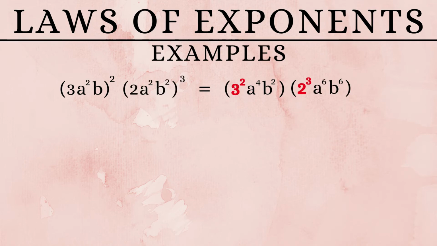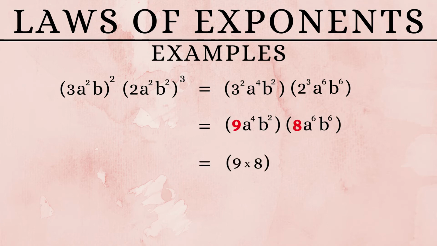First, let's compute only the coefficient part. So 3 square becomes 9 and 2 cube becomes 8, which results in 9a to the power of 4 b square into 8a to the power of 6 b to the power of 6. Now, since multiplication is commutative, we can rearrange the same expression to group and simplify as 9 into 8 into a to the power of 4 into a to the power of 6 into b square into b to the power of 6.